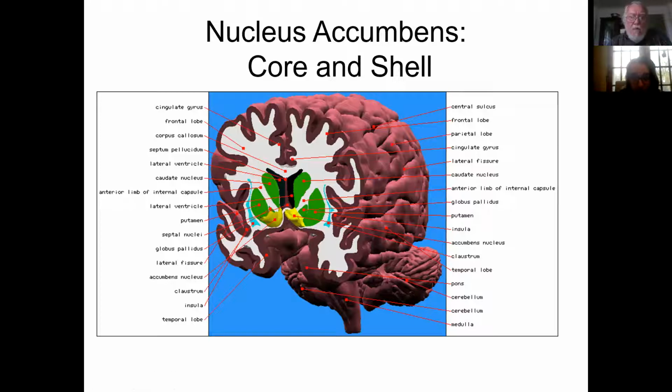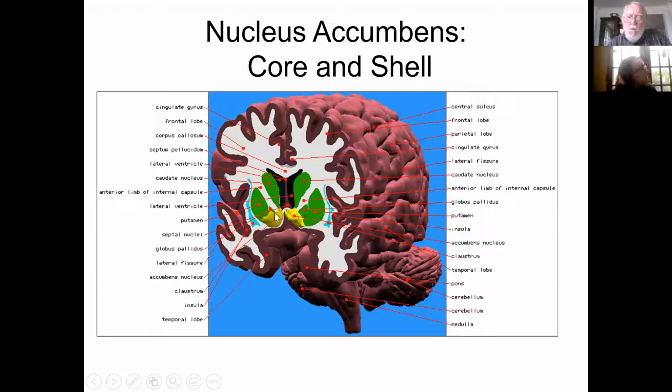Also, look at this. What is right here? Here is the caudate. Here is the putamen. And here is the globus pallidus. All three of these structures are the basal ganglia, and very often we use the word dorsal striatum.